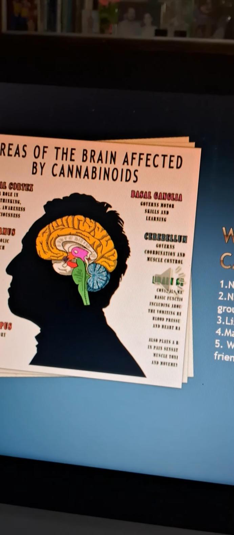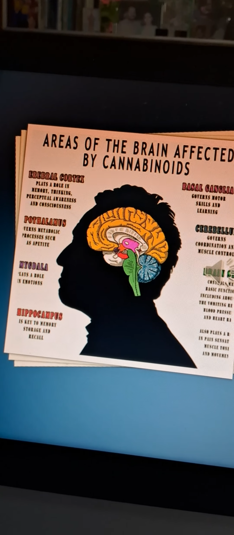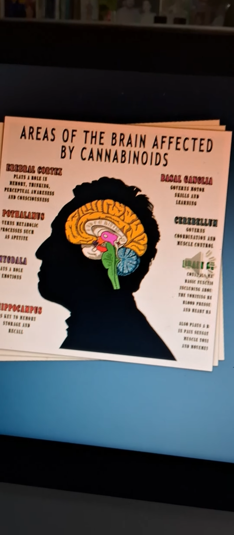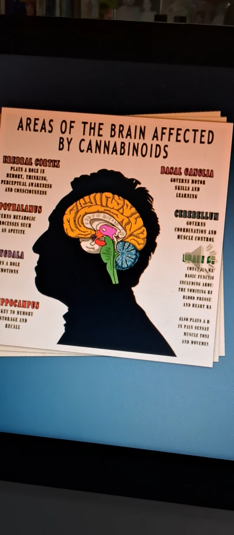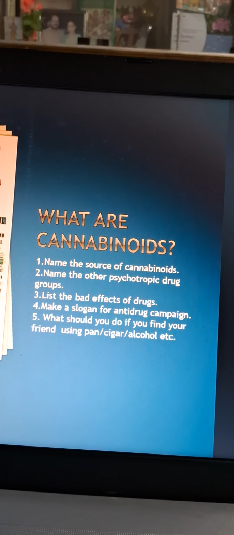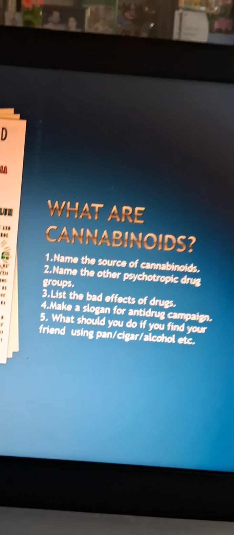Name the source of cannabinoids. 2. Name the other psychotropic drug groups. 3. List the bad effects of drugs. 4. Make a slogan for anti-drug campaign. 5. What should you do if you find your friend using pan, cigar, or alcohol?